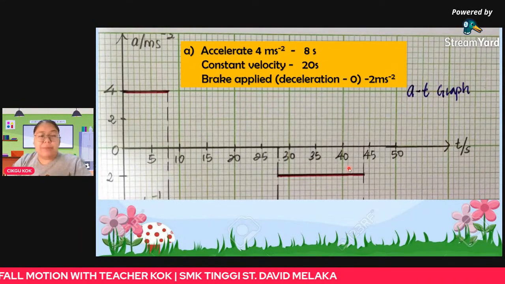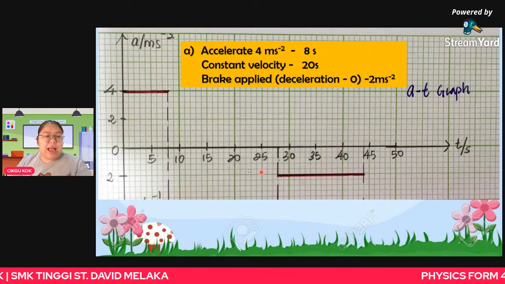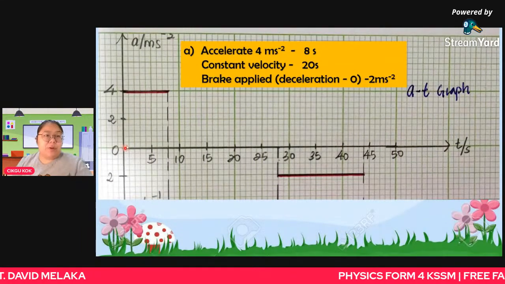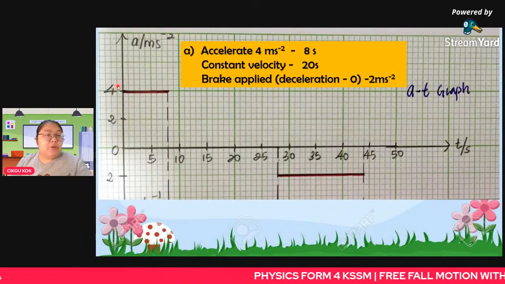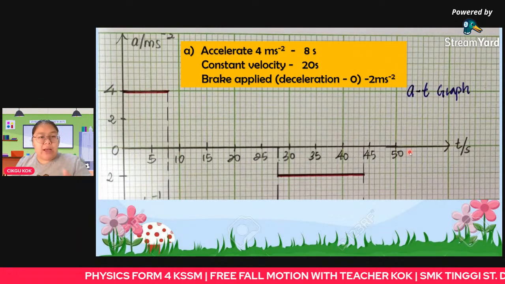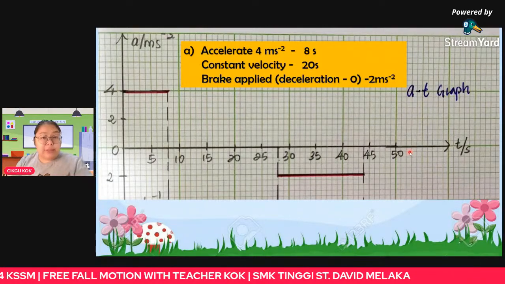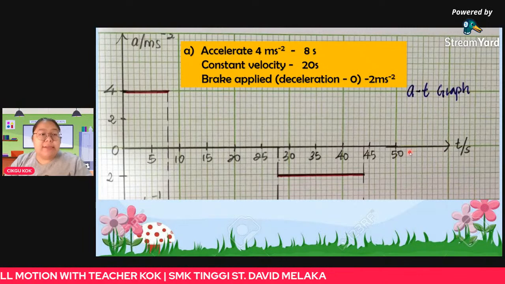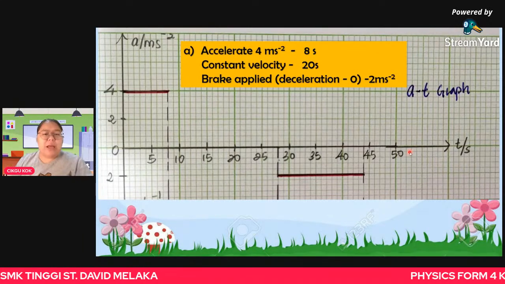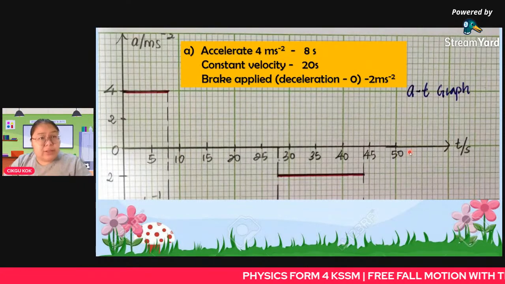On the whole graph paper, the time taken must be the same. Maybe the y-axis you label by yourself, but the time for the whole AT, VT, ST is the same. Just the changes are the acceleration, velocity, and also displacement. So when you draw the whole graph from top to bottom, you can see the difference.